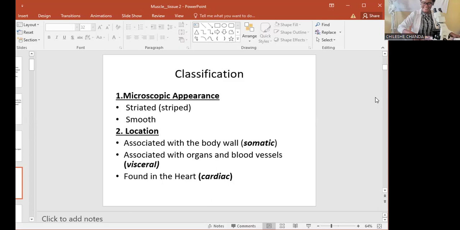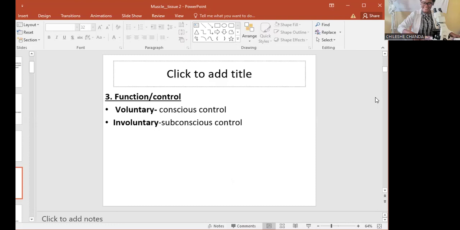And then we have a third, which is the cardiac muscle. Cardiac muscle, just like it sounds, is found in the heart.